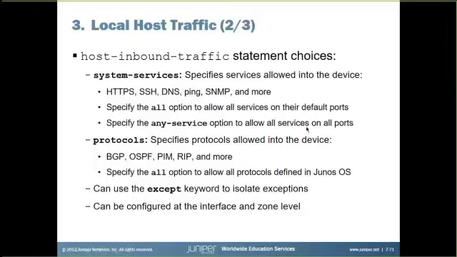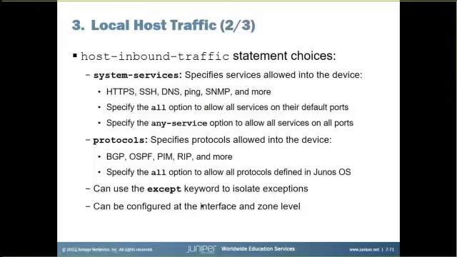For protocols, you have the typical things, OSPF, BGP, RIP, and so on. You can also specify except. So for example, I could do system services all and then system services HTTPS except. So basically allow everything but certain things. And once again, you can configure this at the interface or the zone level.